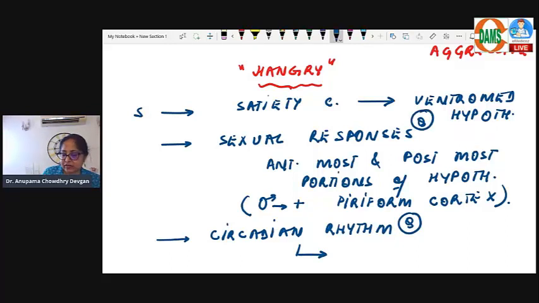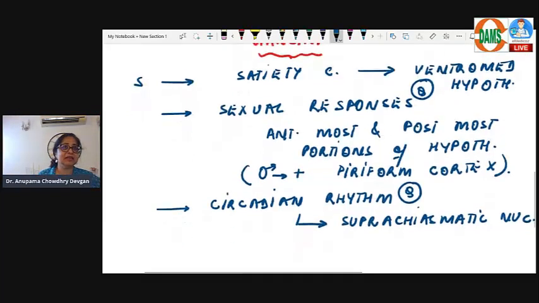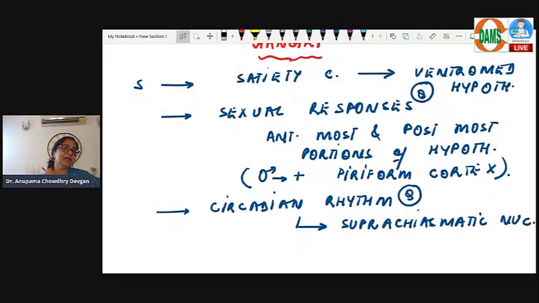So for circadian rhythm, suprachiasmatic nucleus of hypothalamus, right? Circadian rhythm, you know, the sleep-wake cycles, secretion of hormones, these follow a circadian rhythm, and the nucleus of the hypothalamus is suprachiasmatic.